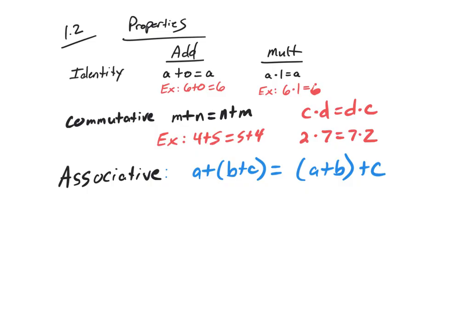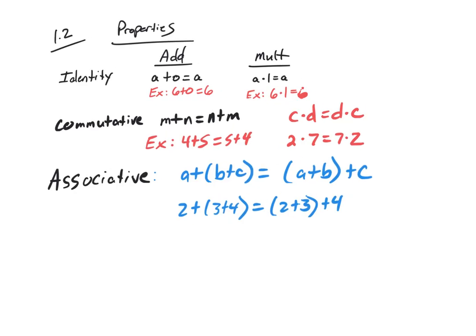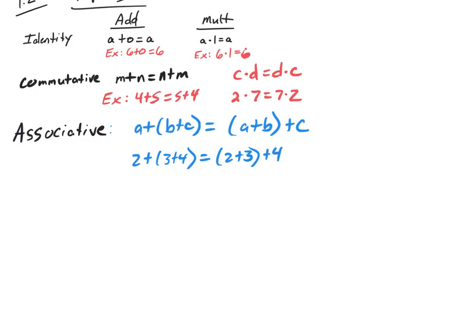And so to show you kind of how this would work, 2 plus 3 plus 4 equals 2 plus 3 plus 4, with the parentheses in different places.